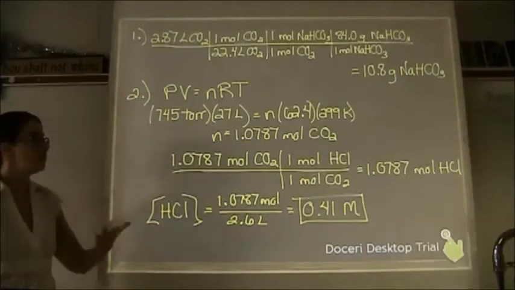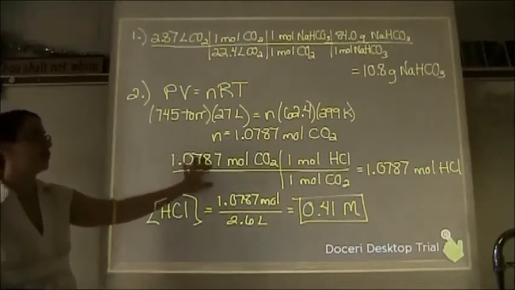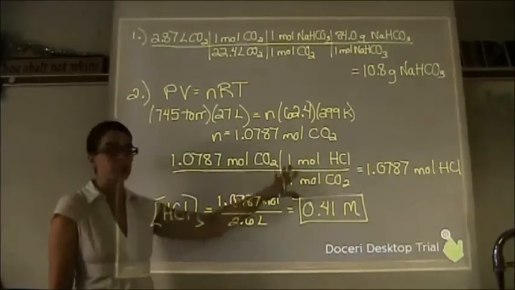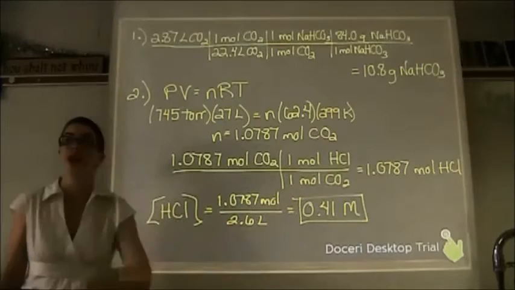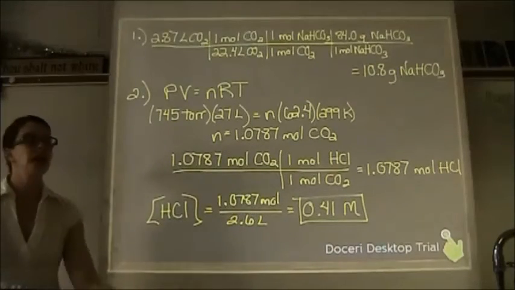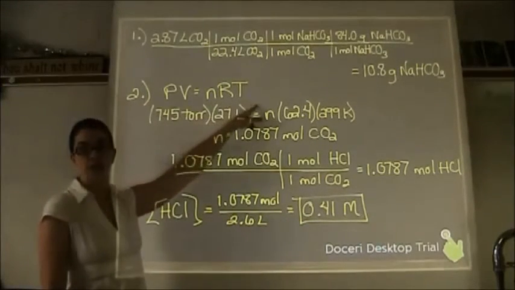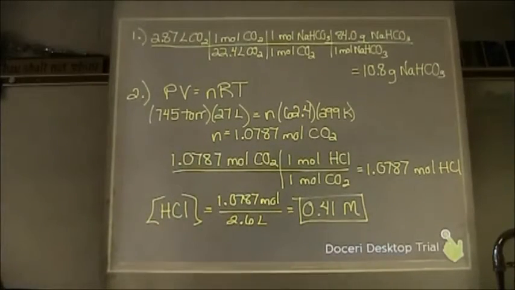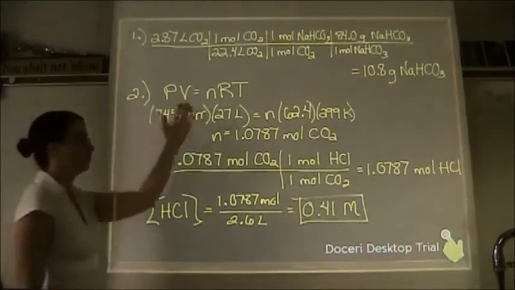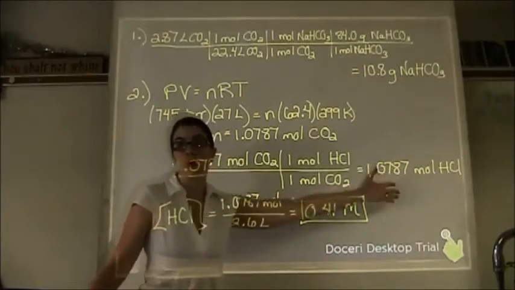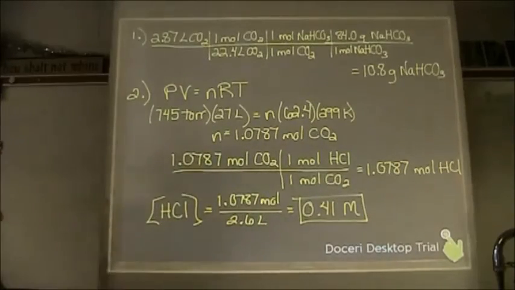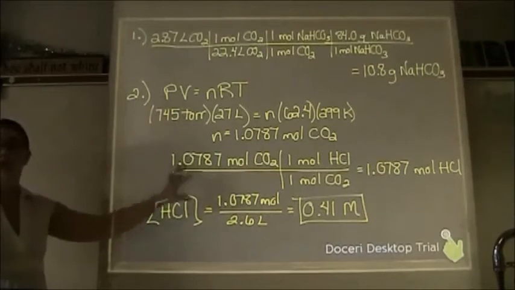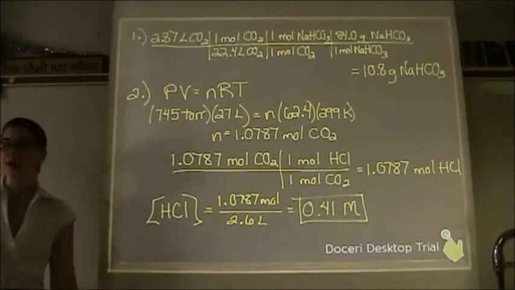Which means you'll have to do some kind of conversion within the equation, some sort of stoichiometry first, and then you'll be able to use this. The stoichiometry will help you solve for one of those unknowns, and it's going to be moles of something. Okay? So it is not always in this order. So just be careful.